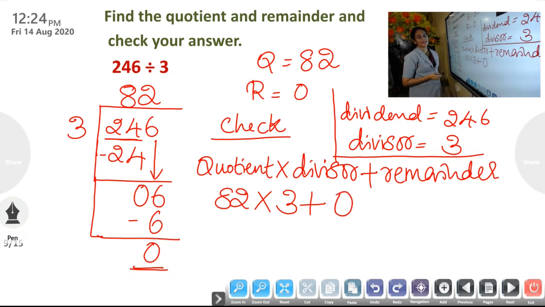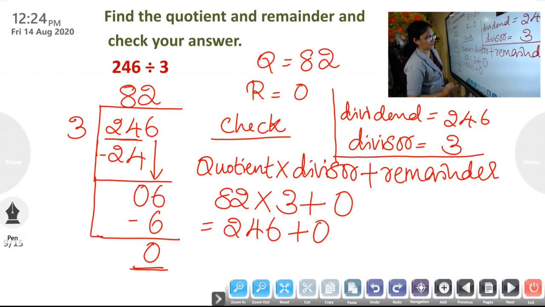So it is 82 into 3 plus 0. Quotient into divisor plus remainder. Now what is 82 into 3? It is 246. You should do the multiplication in your book in the working column. You will get 246 plus 0. And what is that equal to? 246 plus 0 is 246.